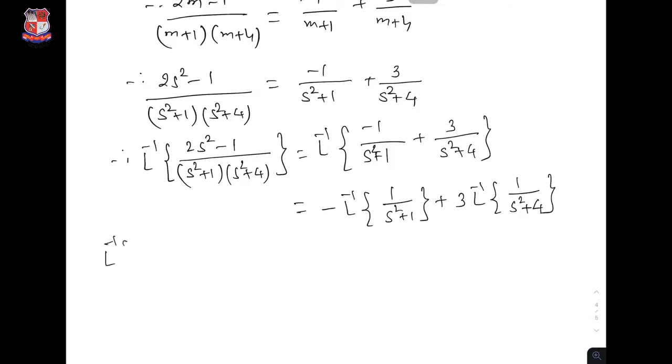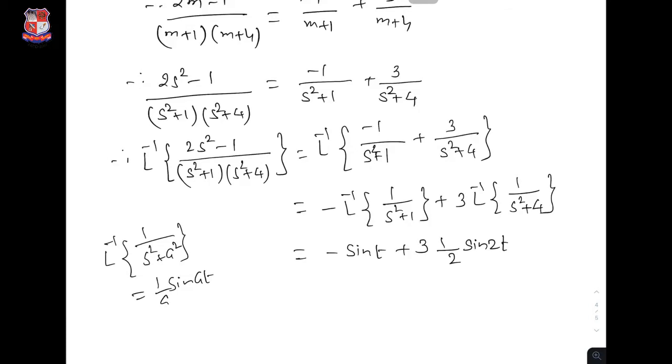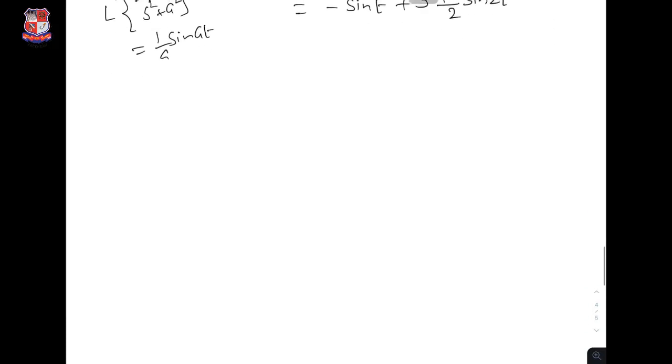And we know that the inverse Laplace transform of 1 over (s² + a²) equals (1/a) sin at. So this is −sin t plus 3 times 1 over 2 sin 2t. So that is our answer.